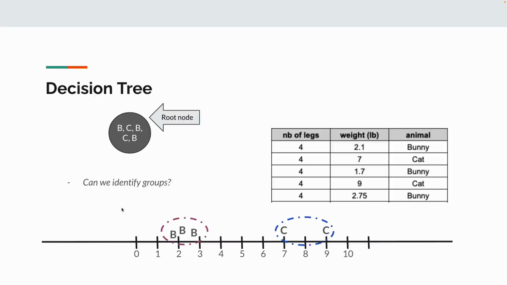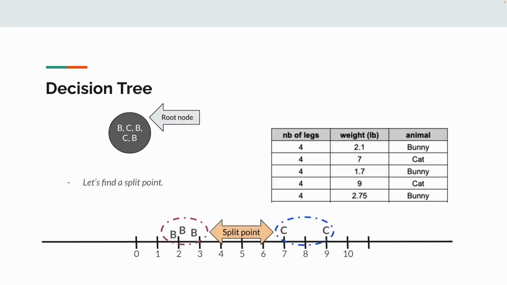The left cluster, with weight around 2, maybe starting from 1.5 to 3.5, is a cluster of bunnies. And the cats have weight around 6.5 to 9 plus. So you see clearly 2 clusters are growing.